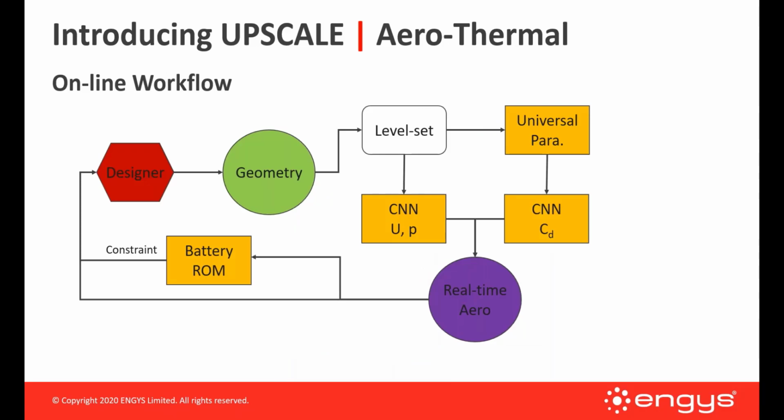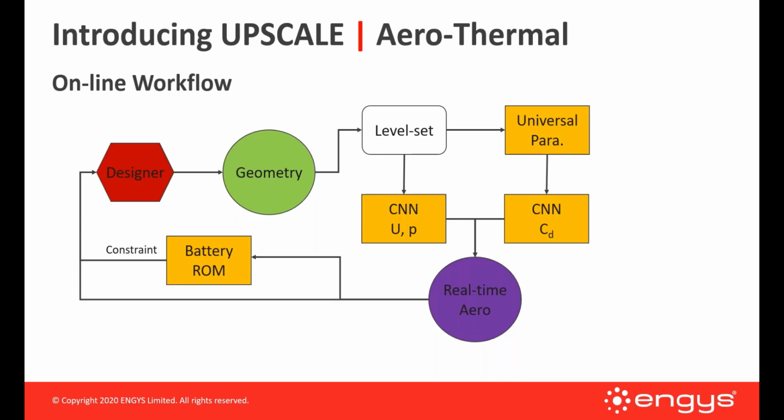So once we've got these neural networks, these models, then we can go to the online workflow, and that's what this diagram depicts. So functionally, you have the designer in the loop here. It's the red hexagon. He generates a modified geometry. The geometry goes through a filter that will turn it into something recognizable to the neural network, in this case, a level set.